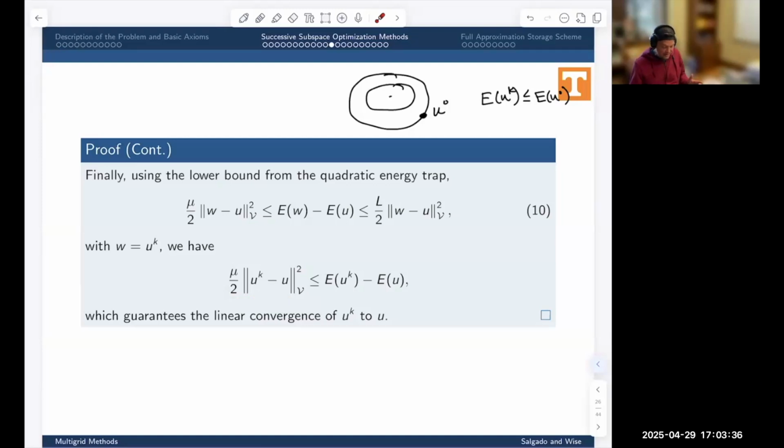I'll leave the details to you to show that, but that's the idea of the last part: how I get from the fact that E(u_k) converges to E(u) linearly, to u_k converging to u in norm. And if I want to say in norm, then I put the little Hilbert space symbol above.